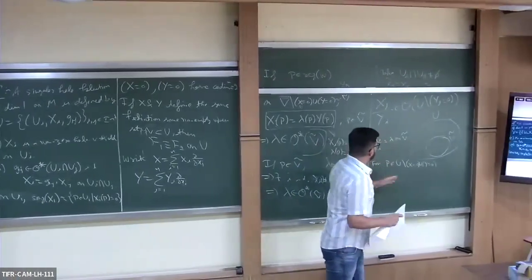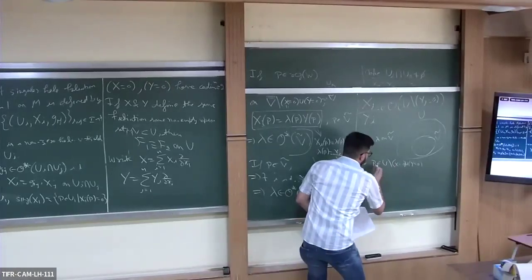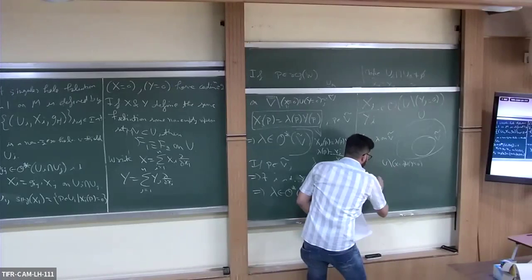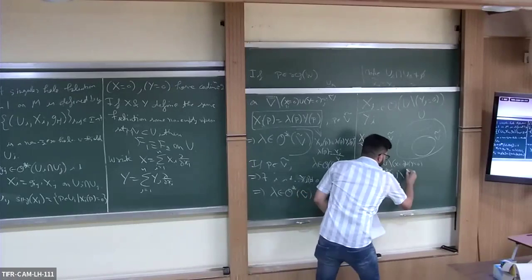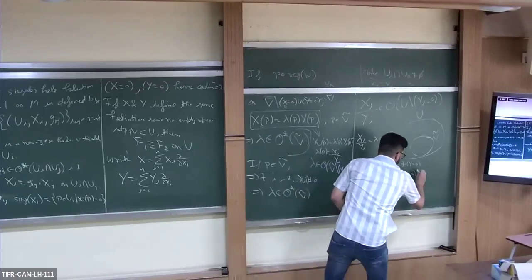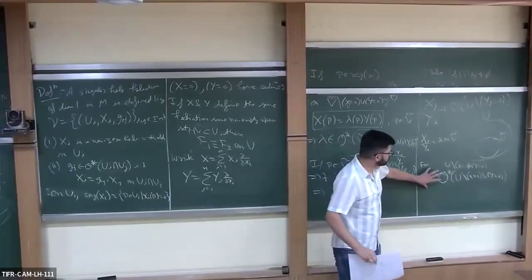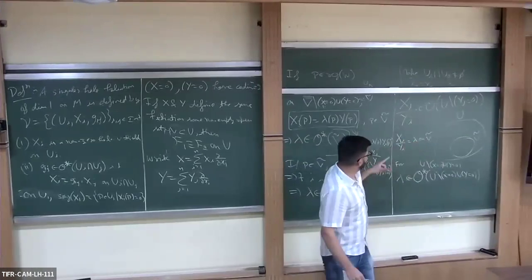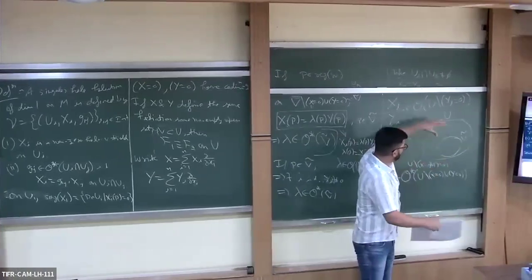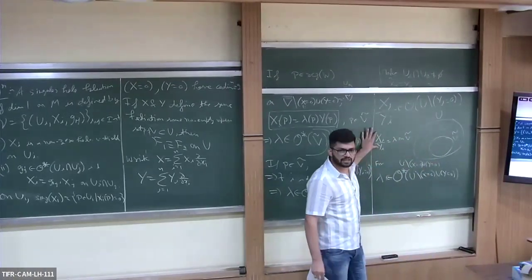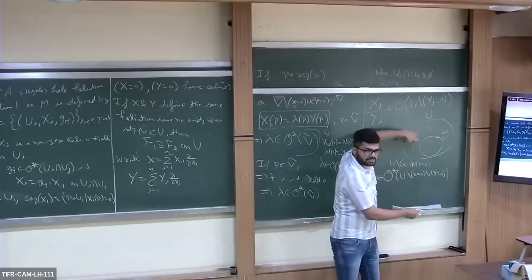Again, using the same idea, I extend my lambda to a big domain using xi and yi, which are defined on the whole of U minus some set.